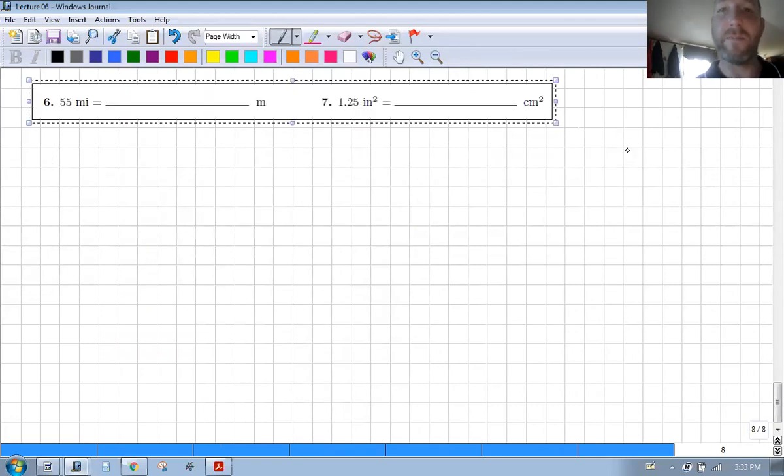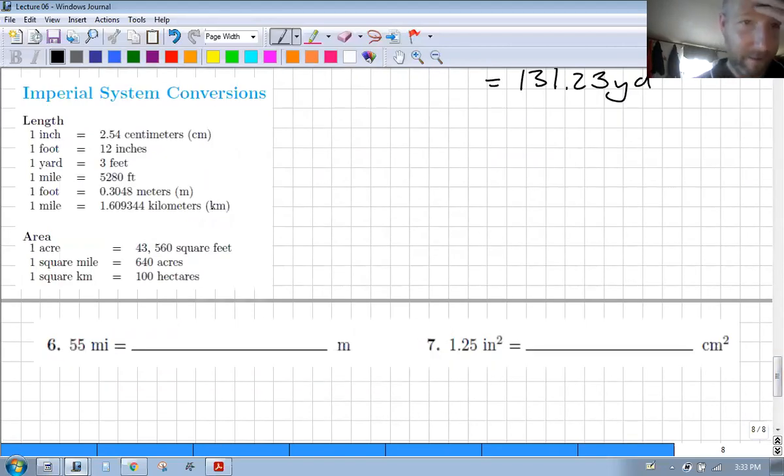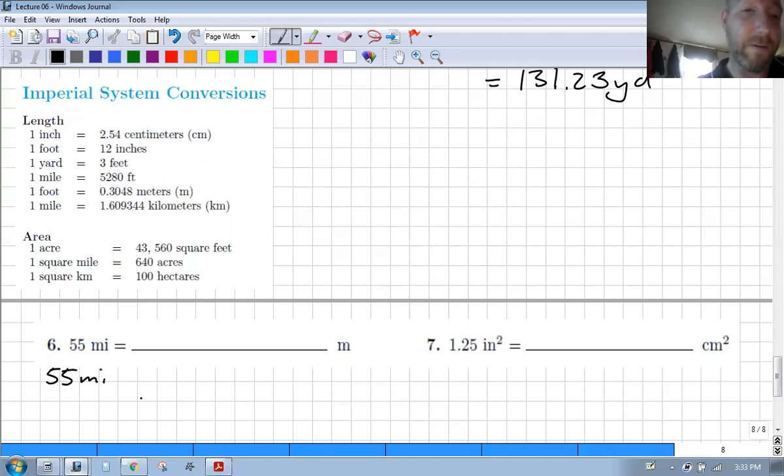All right, miles to meters. Let's look what we got. Well, we got miles to kilometers, and then we can go from kilometers to meters. So 55 miles, get rid of miles for kilometers. It says that 1 mile is 1.6. Let's just do 1.6 kilometers.